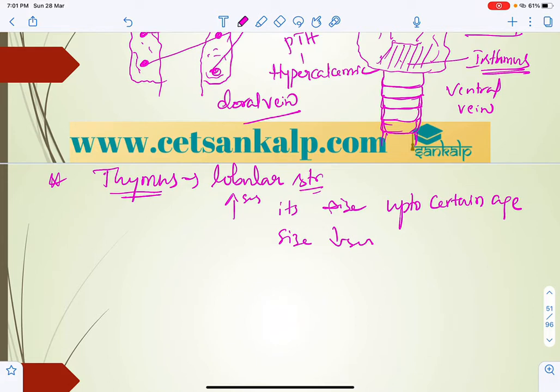That is, we can say it atrophies, which means the size diminishes. In old individuals the thymus degenerates.